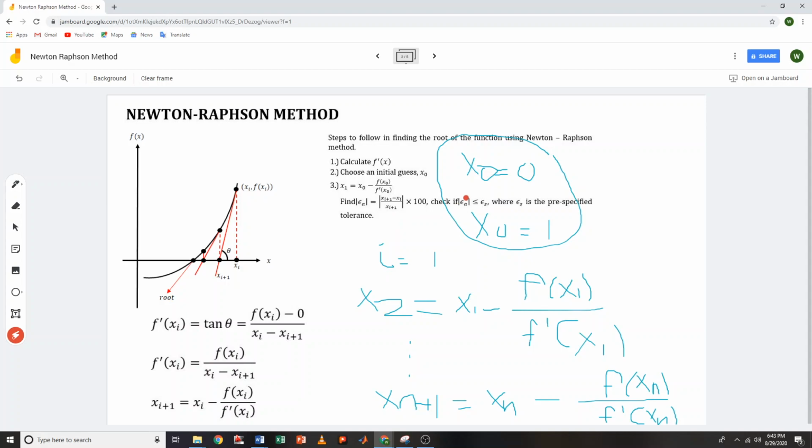So check if the absolute value of error is less than the pre-specified tolerance. Okay, so to have this, we have to show an example to present what is the Newton-Raphson method.